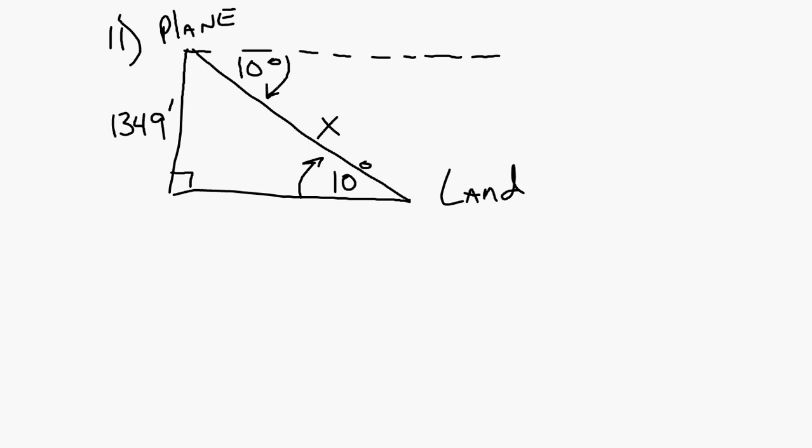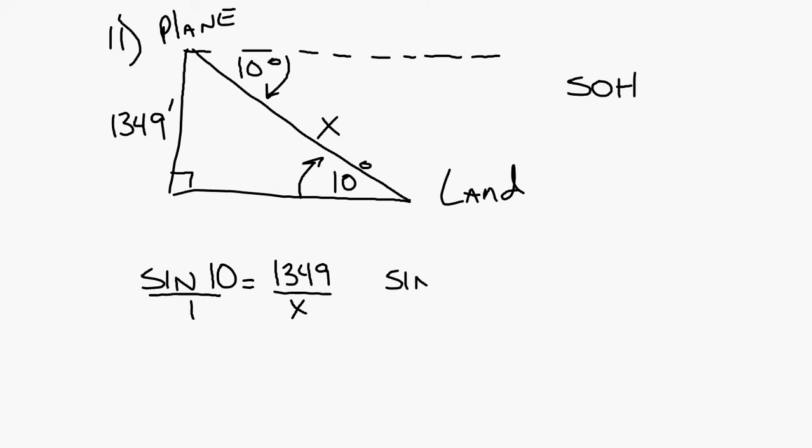Sine of 10 equals opposite 1349 over hypotenuse. Crisscross multiply. Sine 10 times x equals 1349, and you divide by sine 10.